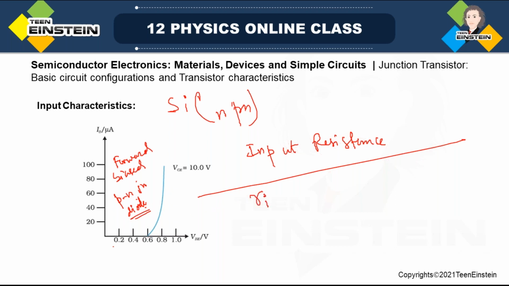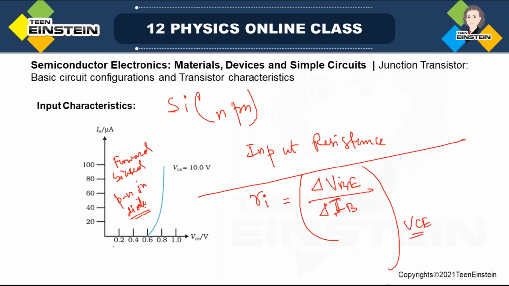So input resistance R input is equal to delta VBE, the change in the voltage, divided by the corresponding change in the base current. This is input voltage. Obviously VCE should be constant, and there will be a slight change in the value of this voltage for different VCE.